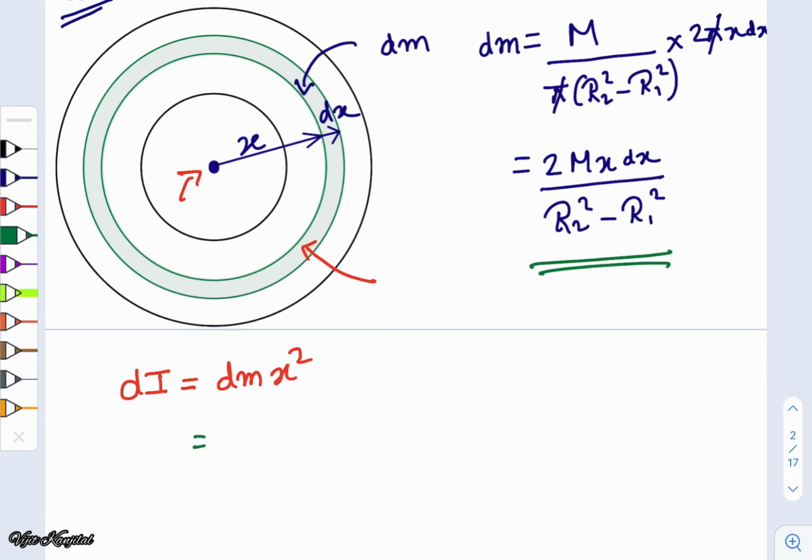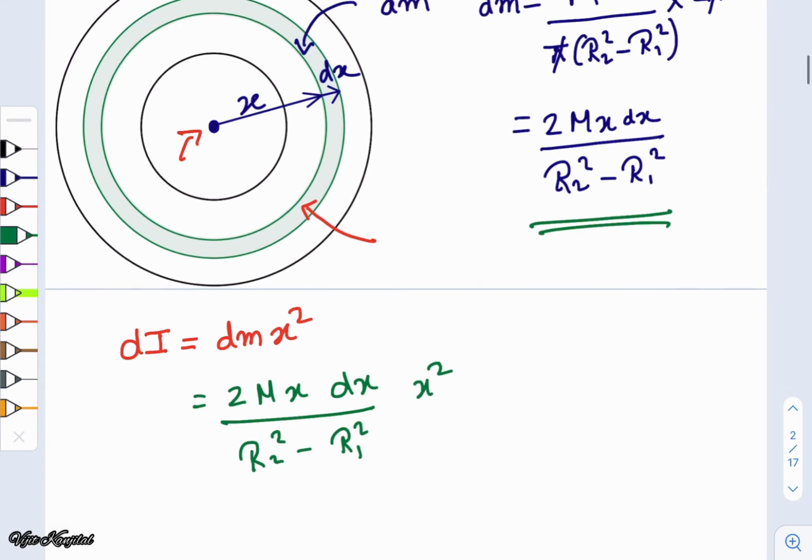So what do we have? 2m x dx by (r2 square minus r1 square) times x square, that is 2m x cube dx by (r2 square minus r1 square).